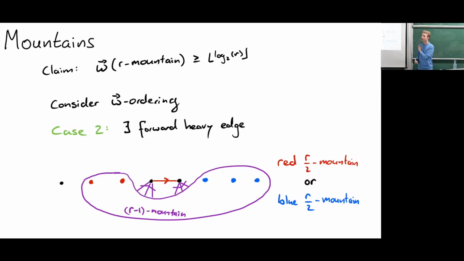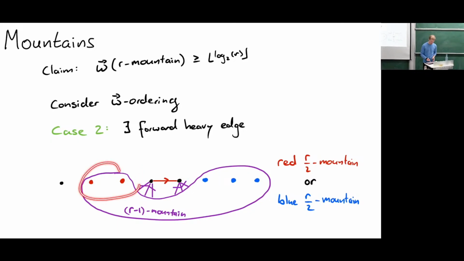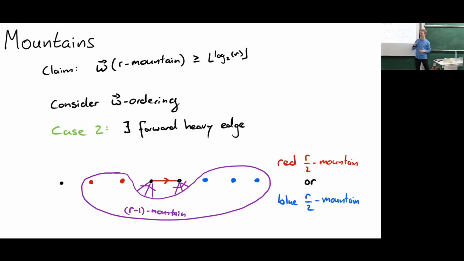So how did you choose red and blue? So I color blue all the vertices that come after this edge and red those before, in this ordering. And this is this optimal diclique ordering. And there might be stuff in between, but that also works out.